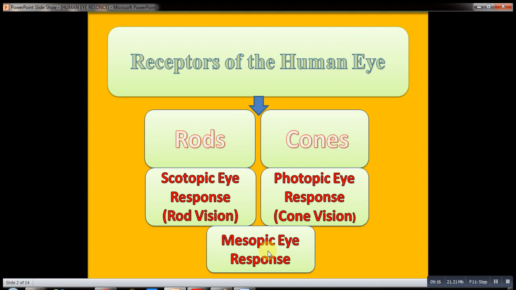There is no hard line transition at either end, but for most intents and purposes the mesopic range is generally considered to be from 3 nits down to 0.01, or another source told us 3 times 10 to the minus 5.